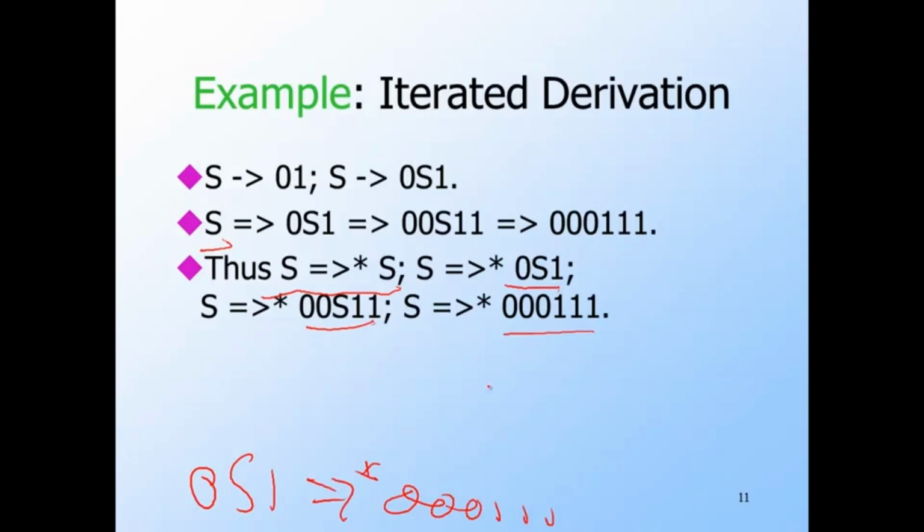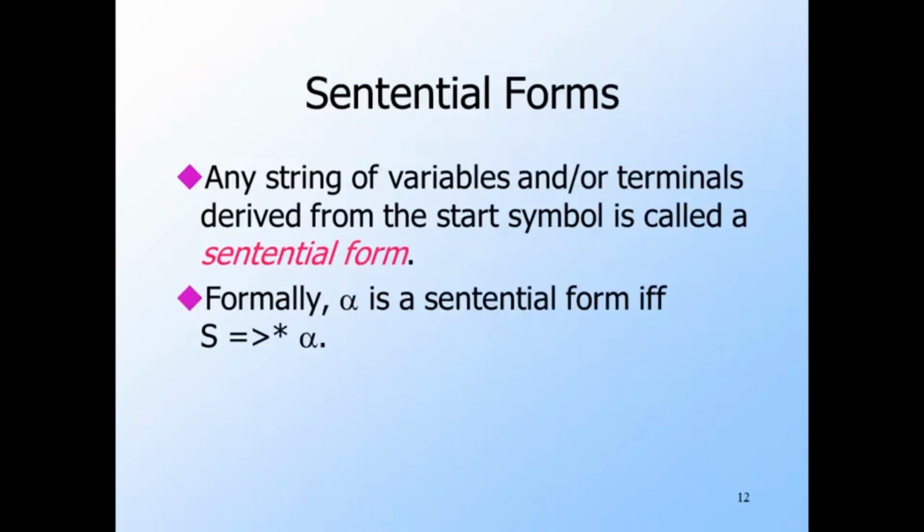That is, anything along the derivation sequence goes to itself and any later position along the sequence. A sentential form for a grammar is any string derivable from the start symbol. That is, S arrow star the sentential form.